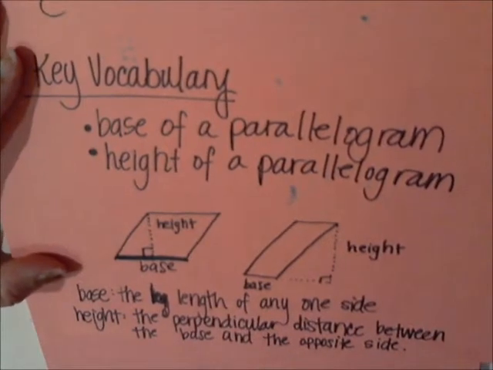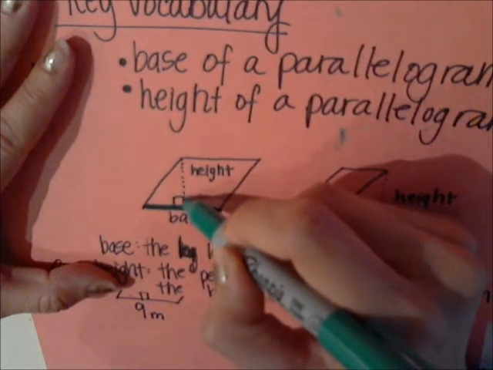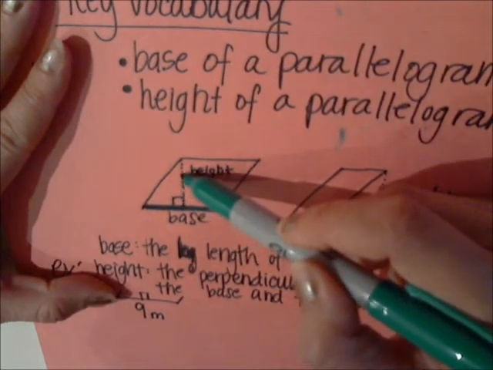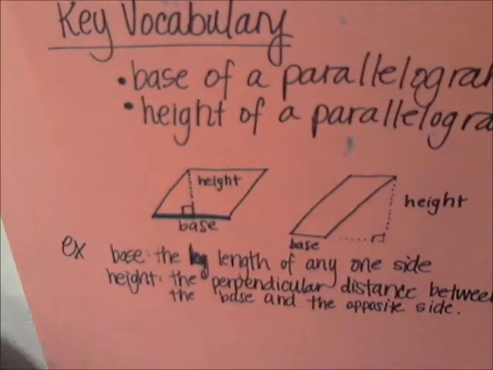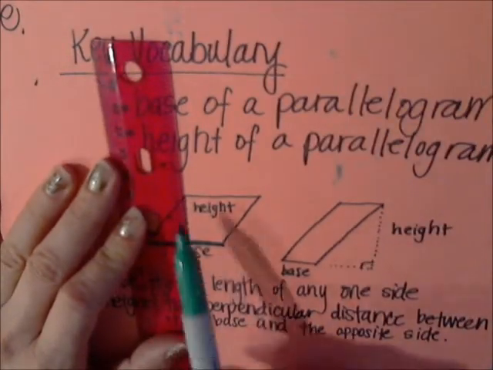And then the height will be the perpendicular distance from the base to the other side. Now, we tell you this that it has to go straight up, okay?